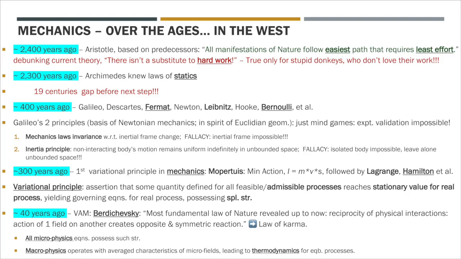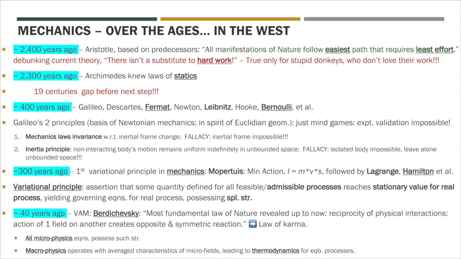When more than one body or system or field is involved, and one field operates on the other, there is a reciprocity involved, and this reciprocity comes out directly whenever you use any variational principle. And that's the advantage of using variational principles.